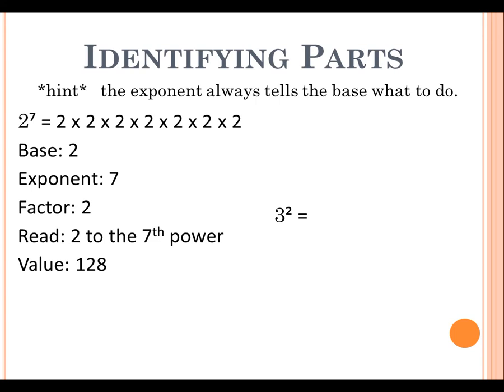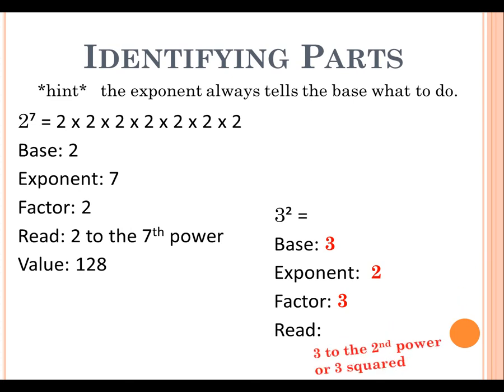Okay, Sean, what do you have? 3 as the base. Correct. Okay, Brooke. The exponent is 2. Good. How about the factor? Factor is 3. Yes. Taylor, what do you have for how you read it? 3 to the second power, or 3 squared.